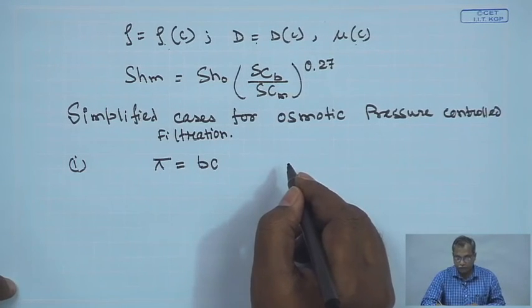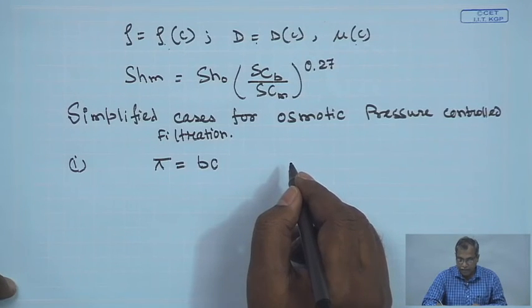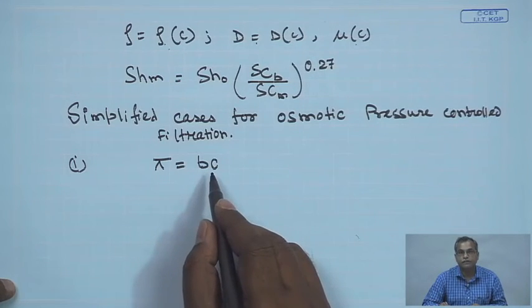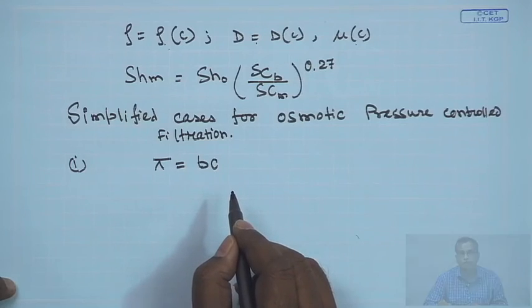If you consider osmotic pressure as a polynomial of concentration, that will include nonlinearity in the system, and that will preclude obtaining an analytical solution. So, let us look into some simplified cases where an analytical solution is possible and the functional variation of the independent variable with respect to the dependent one will be clear in front of the eyes of the readers.